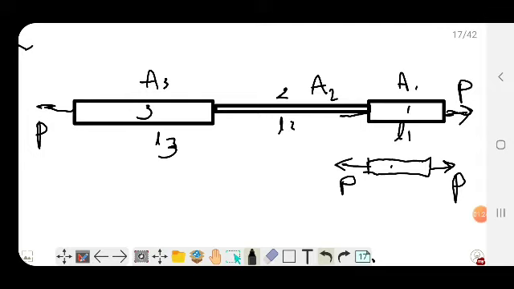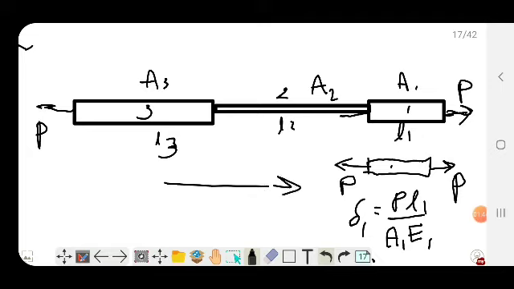So in this case, we can apply Hooke's law, and we will be getting delta 1 as P L1 by A1 E. If different materials are used, you should be giving E1. Now if you are taking body 2, similarly P itself is acting.